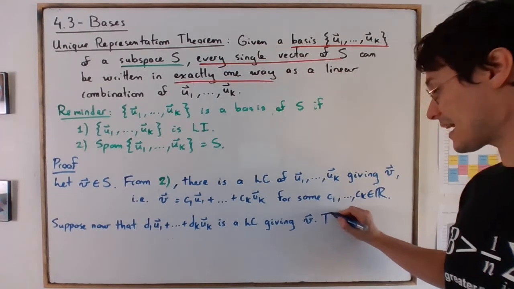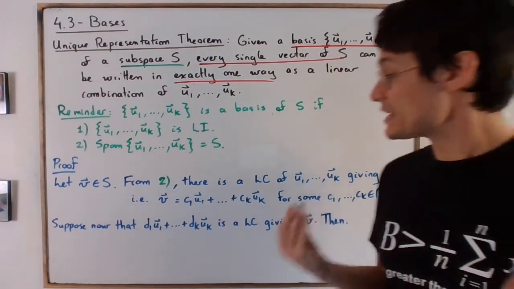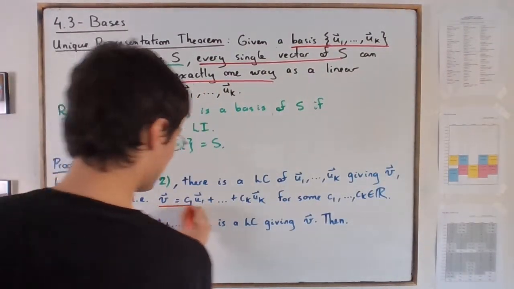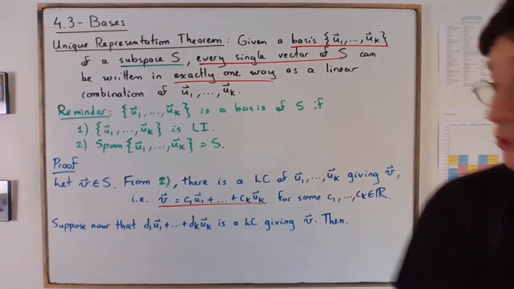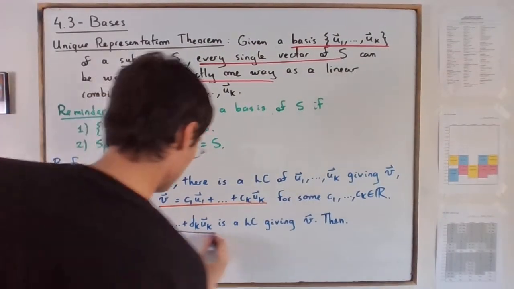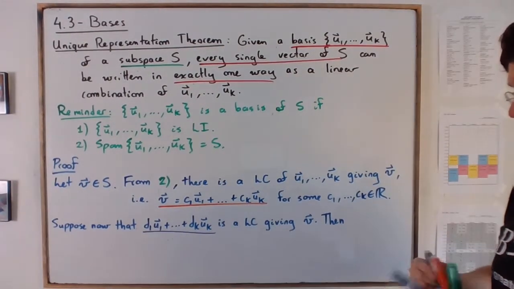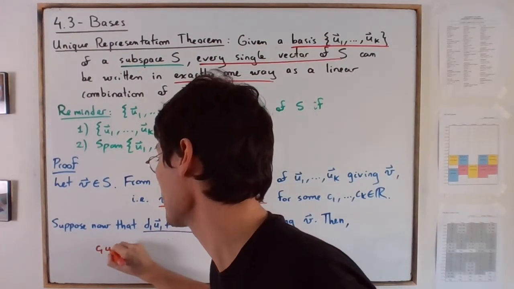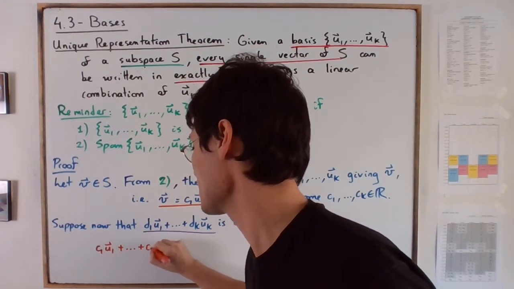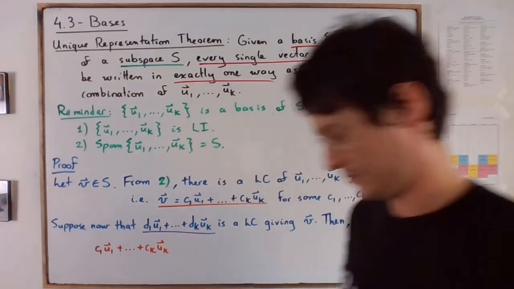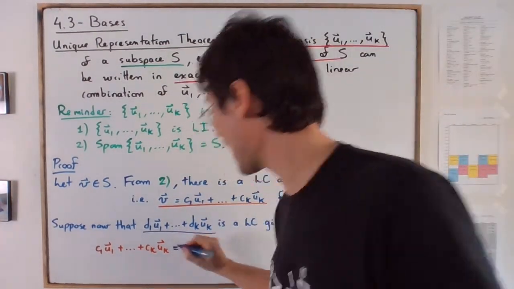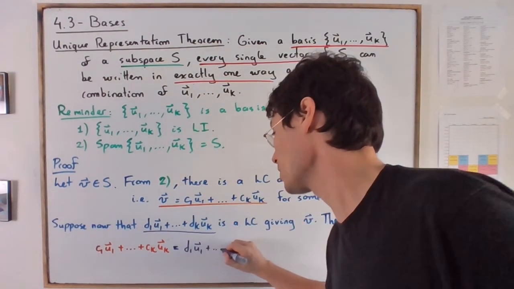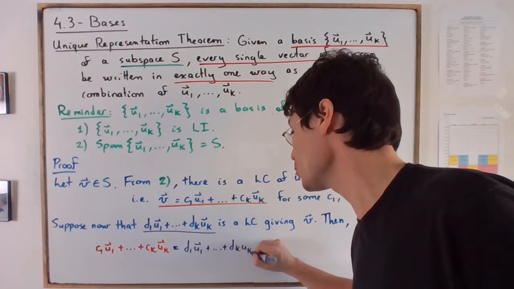Then what it means is that we can set both sides to be equal. This thing will be equal to that thing. So in other words, C1 U1 plus all the way up to CK UK is going to be equal to that other linear combination, D1 U1 plus all the way up to DK UK.